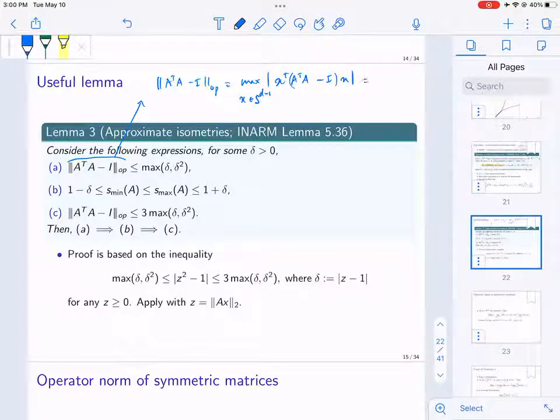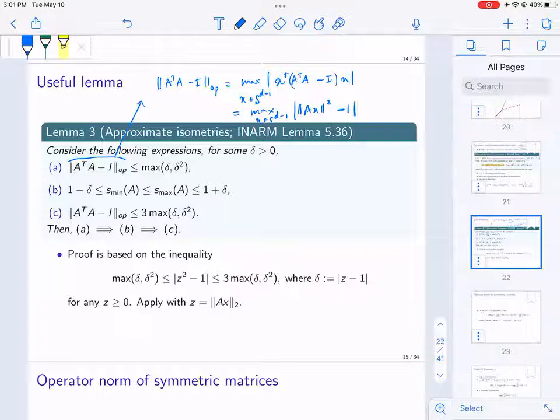And this is going to be the max over x in S^{d-1} of the norm of Ax squared minus, what? Yes, which is 1 because x is on the sphere. So the operator norm is basically the deviation of the norm of Ax squared from 1 over x.